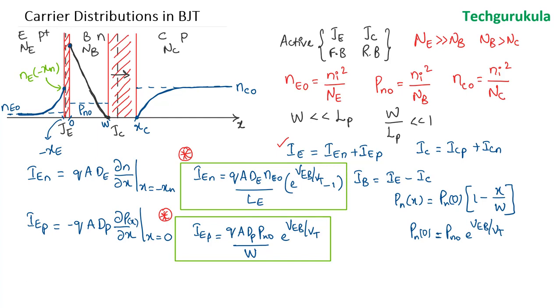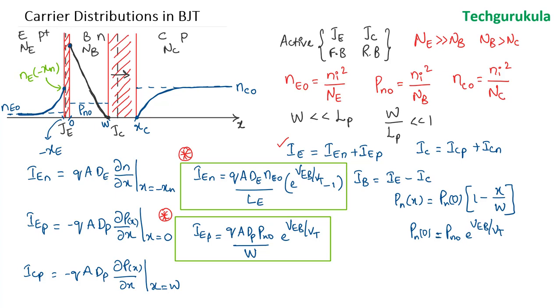So let's find what is ICP first, which is minus QA DP dP of x over dx. Of course, at this point, it is at x equal to W. If you see here, the amount of carriers flowing per unit time at this point would be the amount of carriers crossing this depletion region.